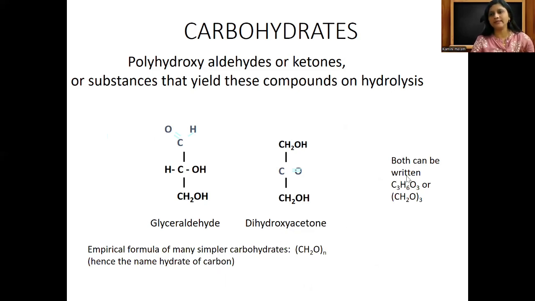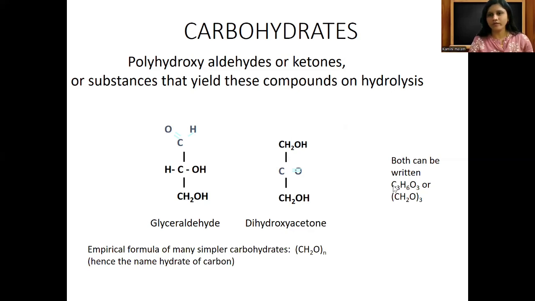Both can be written in the same manner because both have the same carbons, same hydrogen and same oxygen. So the empirical or molecular formula is the same for glyceraldehyde and for dihydroxyacetone.